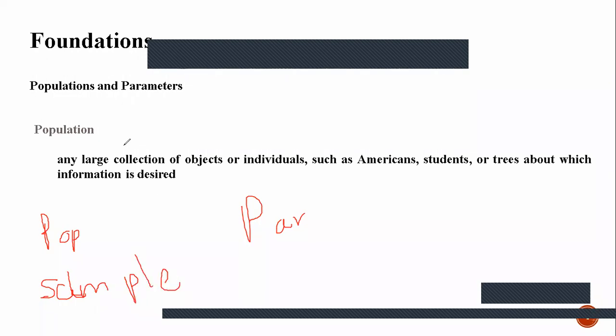Populations and parameters: the numerical values which we define or identify this population, we call them parameters. And the terms which describe the samples, we call them statistics.